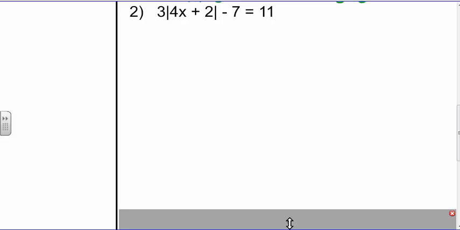So to isolate the absolute value, we are going to add 7 to both sides. We get 3 absolute value, 4x plus 2 equals 18.